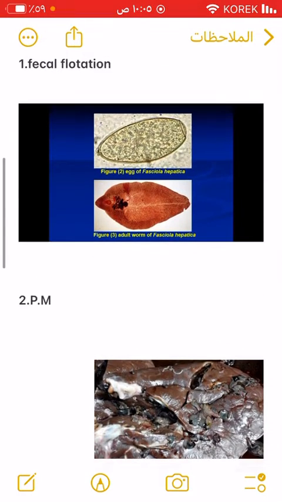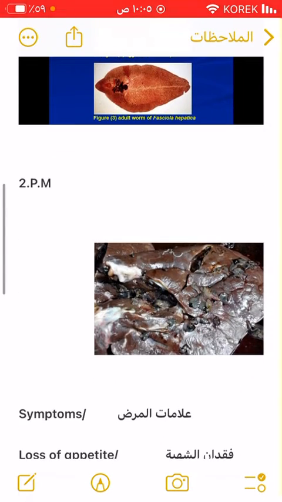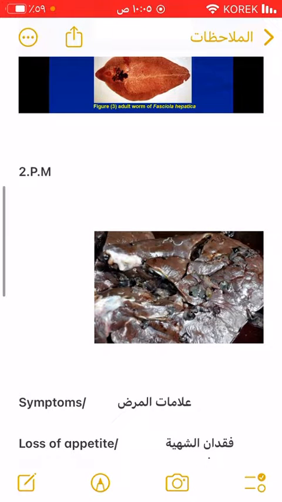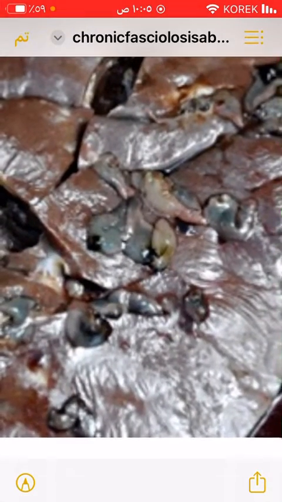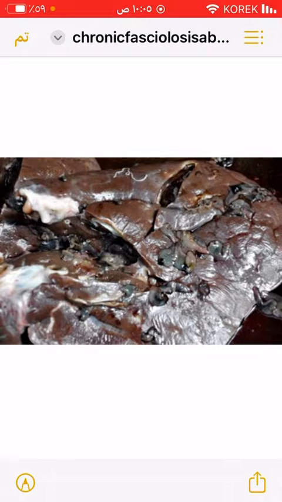And a second way of diagnosing, sorry guys, I'm a little bit sick, is post-mortem or PM. Post-mortem is a common way of diagnosing diseases in poultry and even in ruminants: cows, sheep, camels. So this is how it looks. We can see the adult worms, as you see, guys. You can see it very clearly, and an enlarged liver is seen.